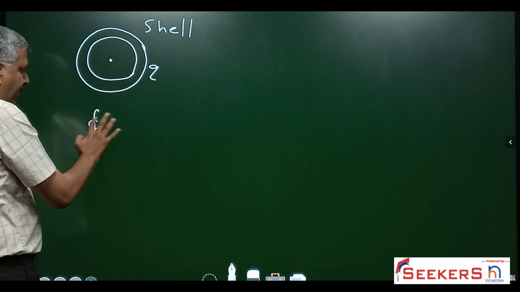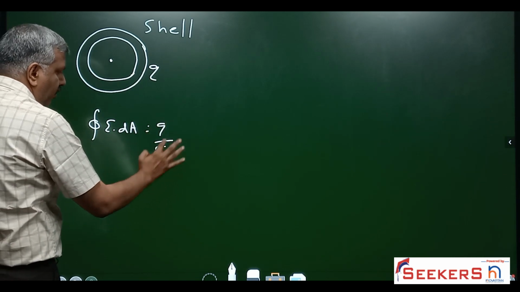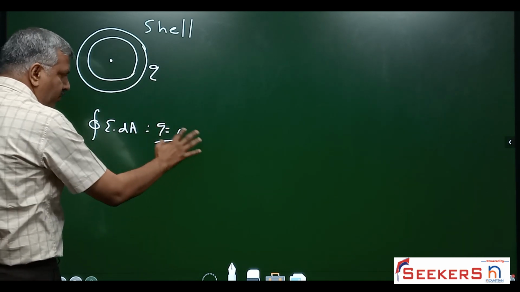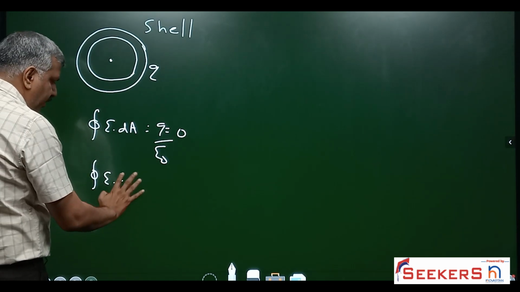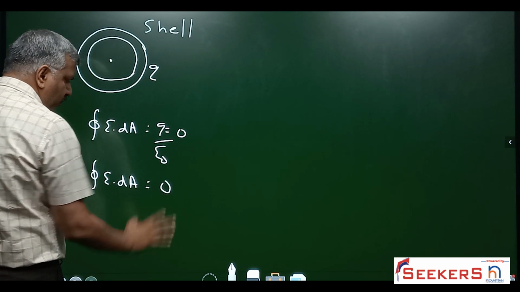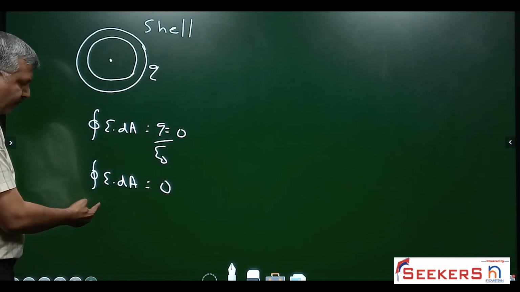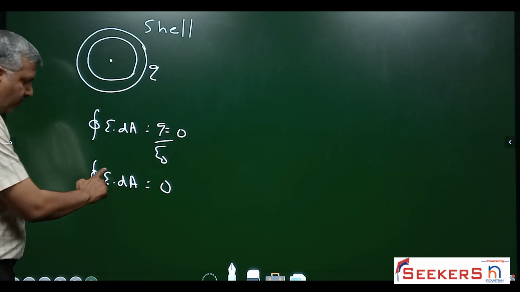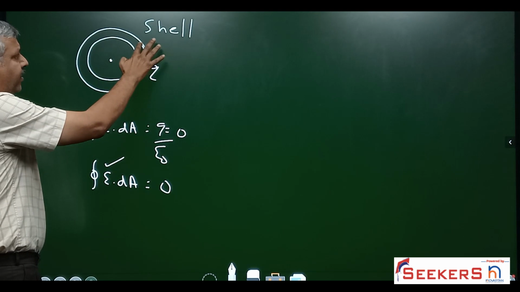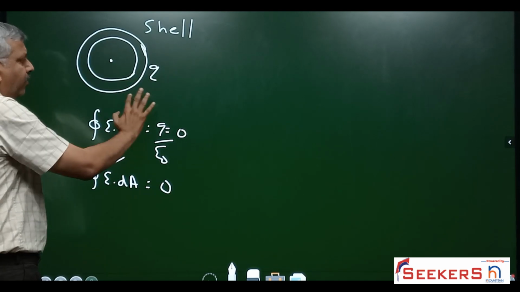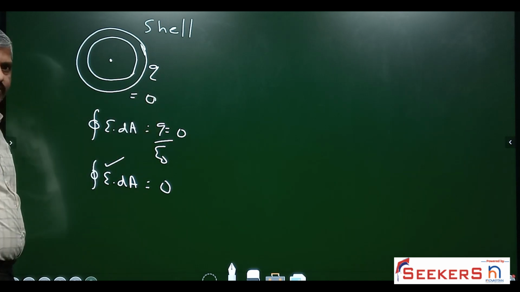So if I apply integral E dot dA is equal to Q by epsilon naught, what is the charge Q? Q is equal to 0. So if Q is equal to 0, integral E dot dA will give you 0. So what can I infer? Area cannot be 0. So the electric field is 0. So the electric field inside the shell will be equal to 0.